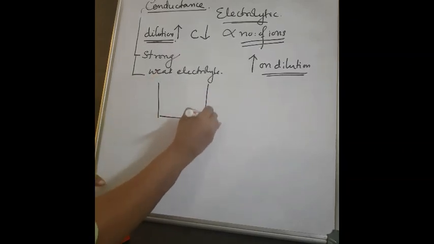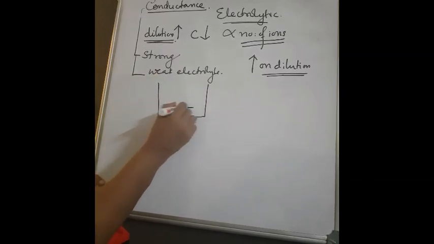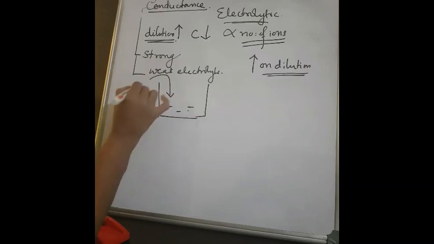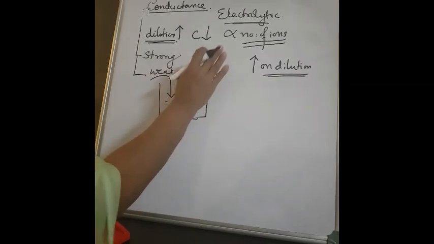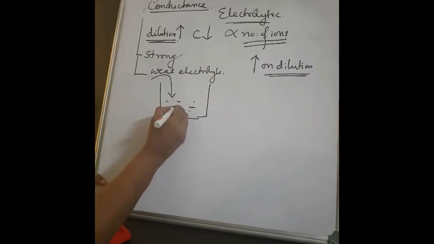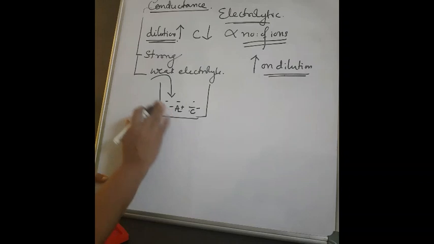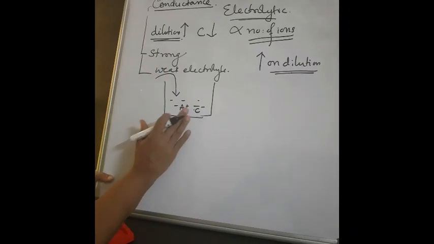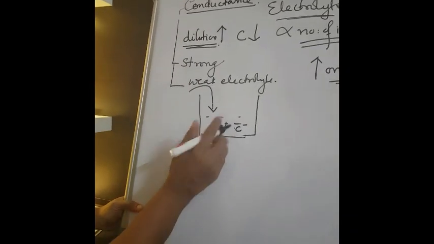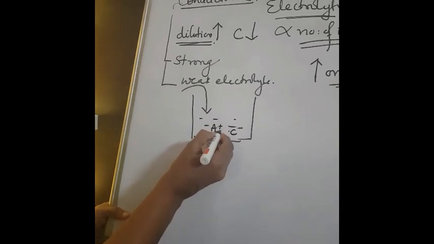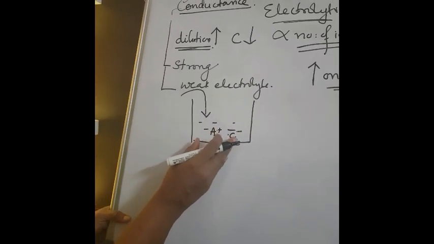So, number of ions increasing means what? If you are diluting a solution, you know ionic solutions are there. For example, A plus is the cation and C minus is the anion. Now, if you go on diluting the solution, what happens here? The plus and minus ions get dissociated.